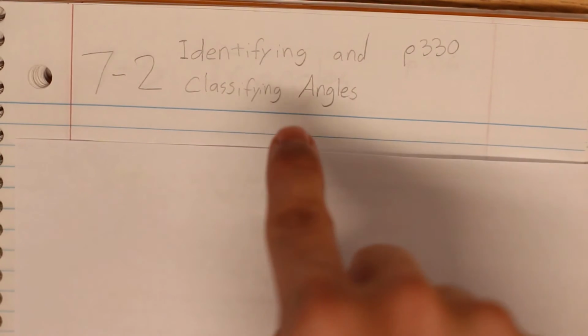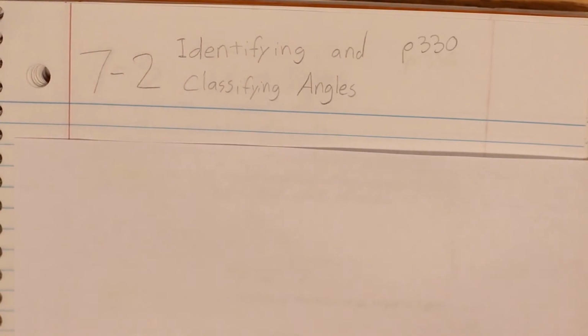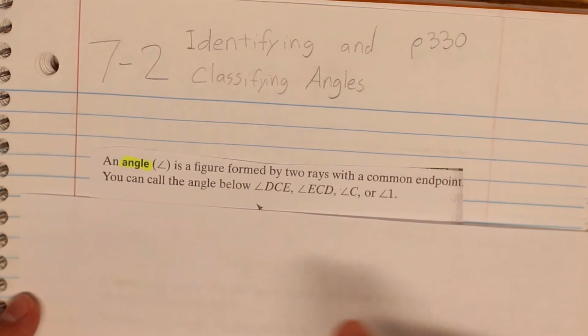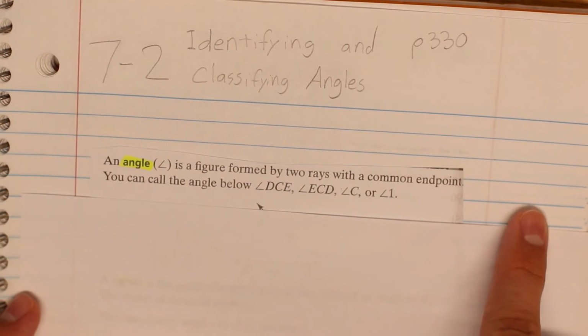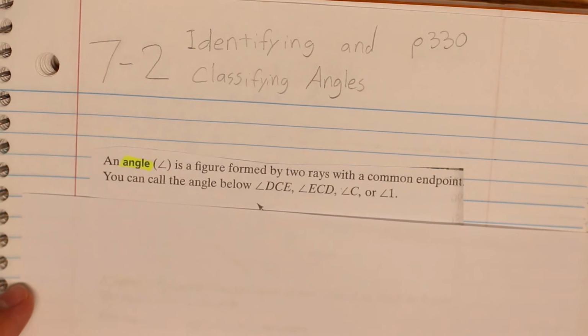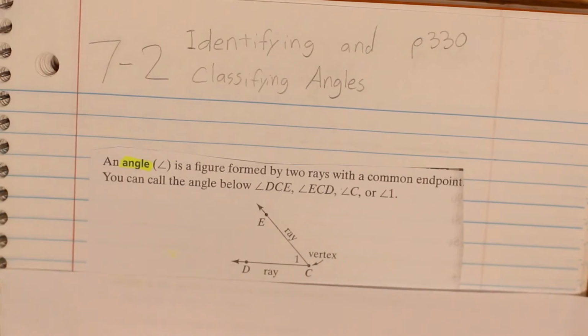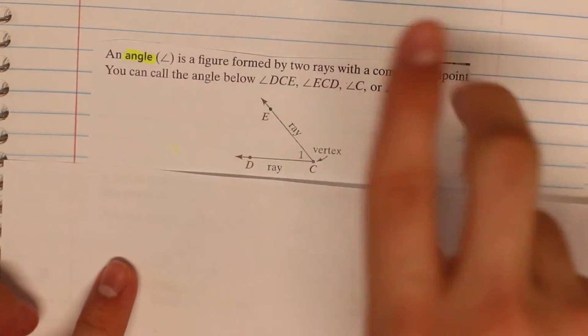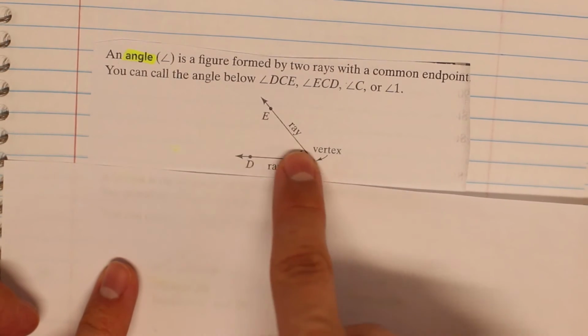Identifying and classifying angles. This is from page 330, section 7.2. An angle is a figure formed by 2 rays with a common endpoint. So here we have an angle. It makes a V, and it can be turned any which way. But it's made by 2 rays, and they share an endpoint.